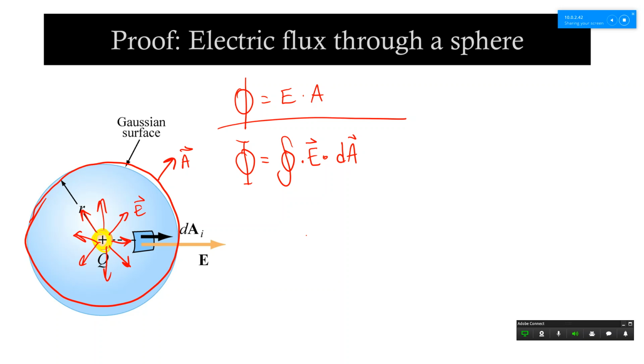And what's cool about this is if I were to measure the electric field at any point along this sphere, is it going to be the same or not? What's the distance from the center of the sphere at right here? R. What about here? What about here?